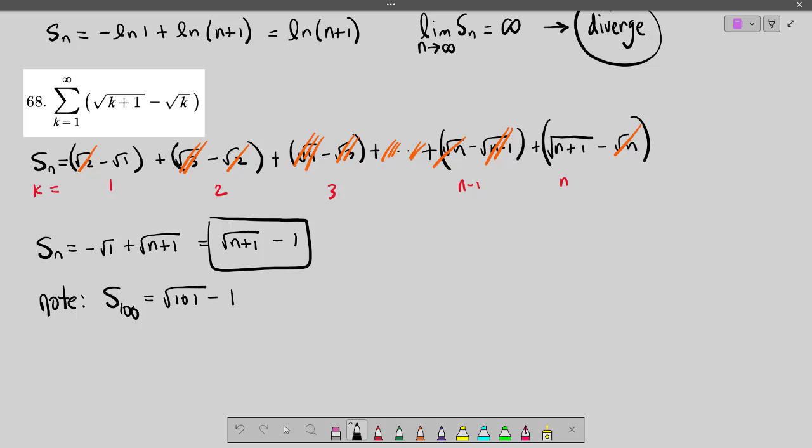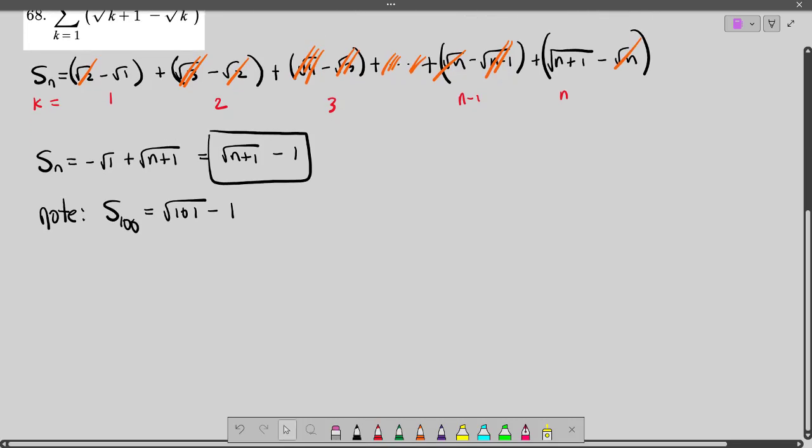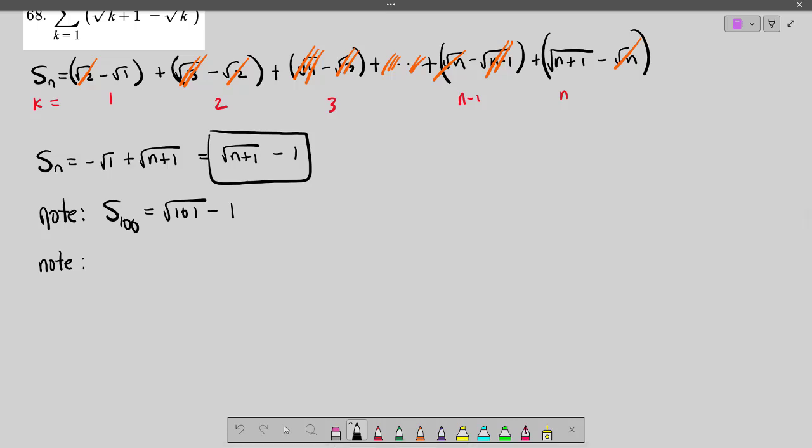Of course, any finite series converges, right? Finite series is finite. You just add up those terms. And so the S sub n is going to give us whatever we want. If we want the sum of the first 1,000 terms, the sum of the first 1,000 terms will be the square root of 1,001 minus 1.